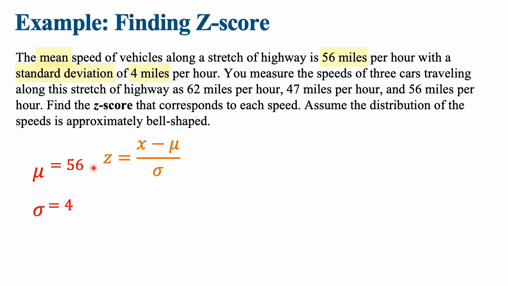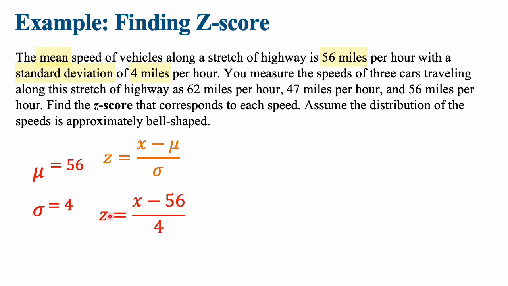Now, let's find the z-score. We need the x values. Here are the measured speeds of 3 cars traveling along this stretch of highway. The first x value is 62, second is 47, third is 56.